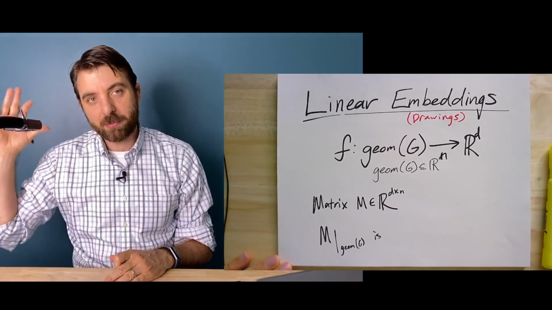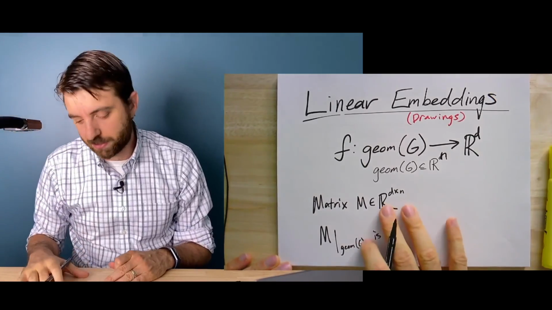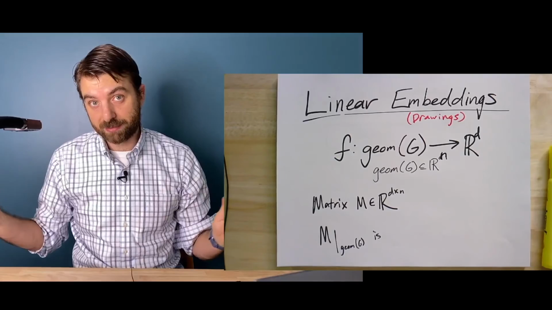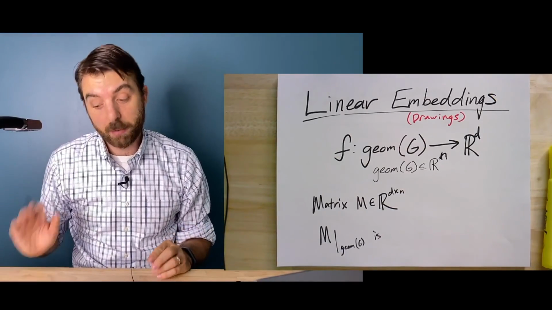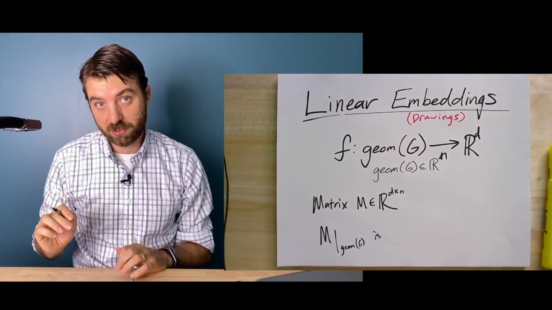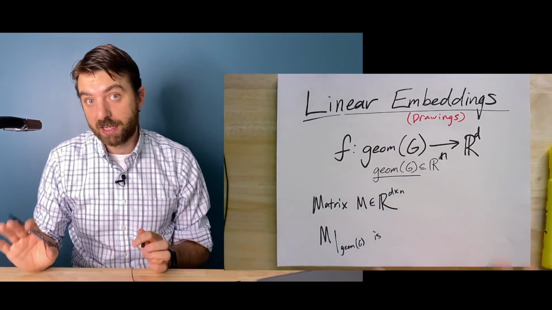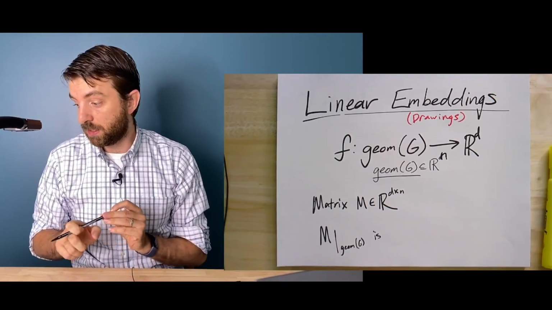So it's a mapping from a high dimensional space to a low dimensional space, and you don't expect such a mapping on the whole space to be injective. But if you just restrict it to this graph, this geometric realization of the graph, it can in fact be injective.